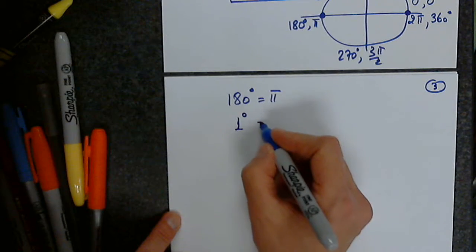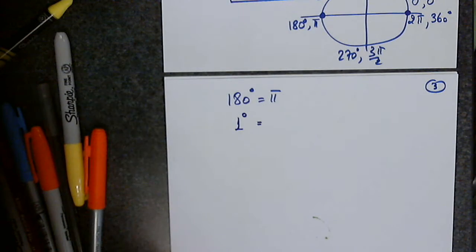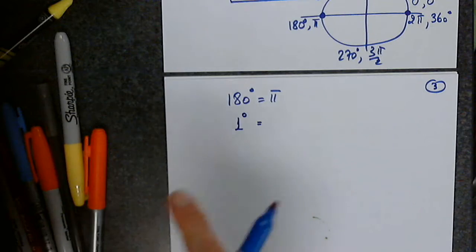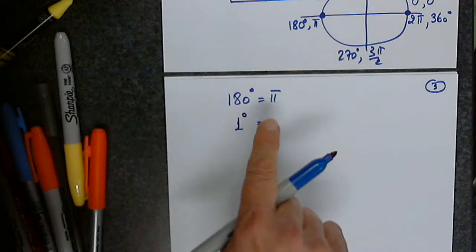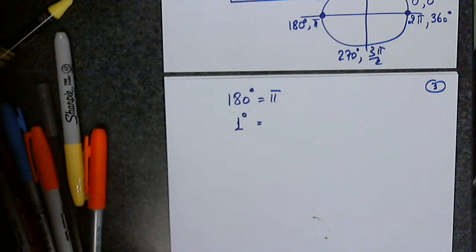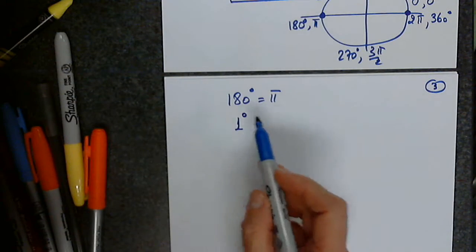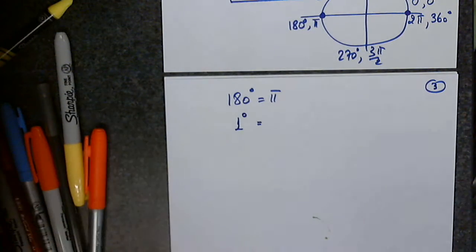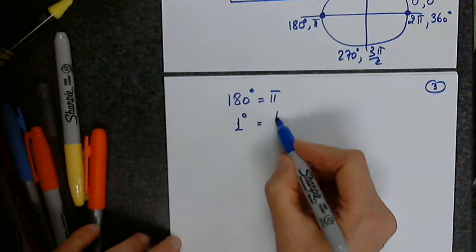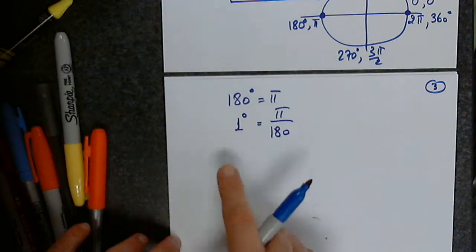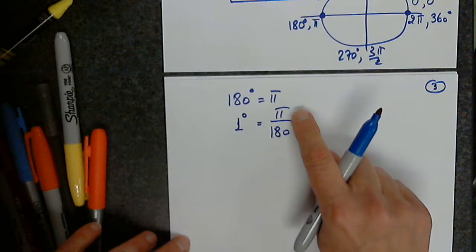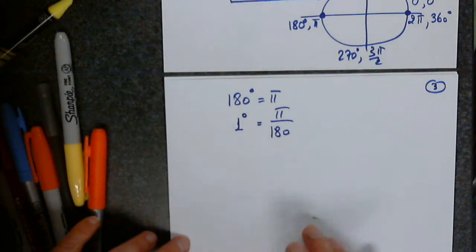In case I want to change something into radians, what should I do to both sides of this equation to get 1 on the left-hand side? 180, of course. So I divide both sides by 180. So 1 degree corresponds to pi over 180.